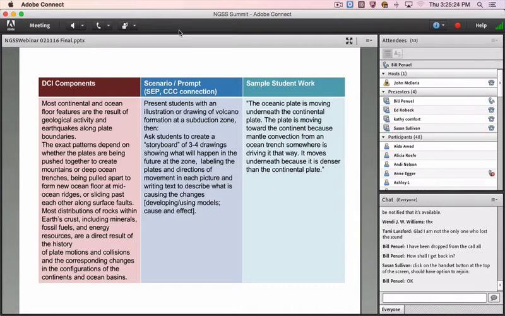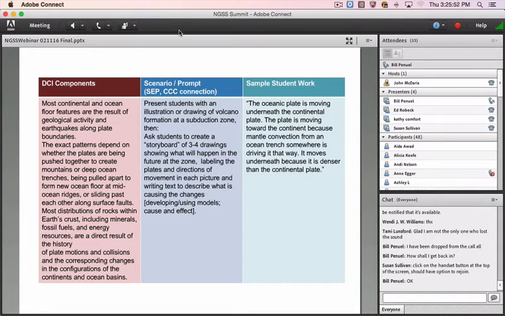And in parallel, then we think, well, what is a scenario, a phenomenon, if you will, if you're familiar with that term, it's not that different, or the prompt that we can give. And I've given an example here that relates to the first assessment task I showed you. We might present students with an illustration, so this is the sketch for that item you saw here, or it's a different item that has a similar disciplinary core idea.